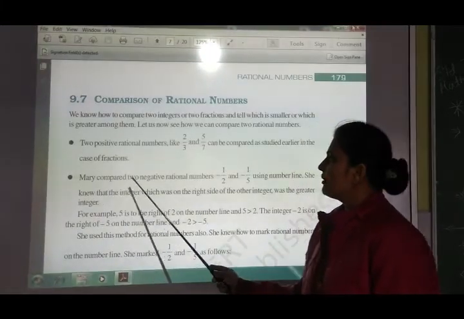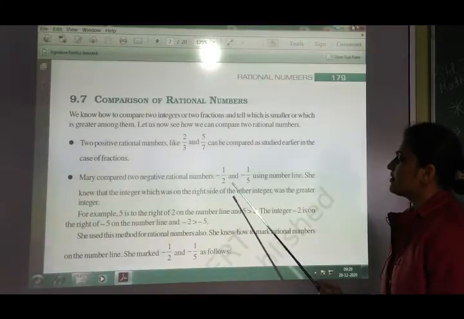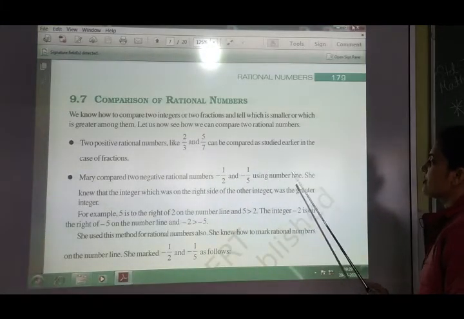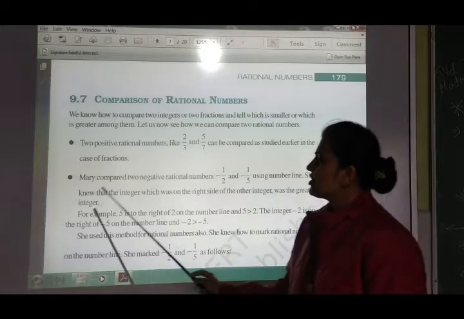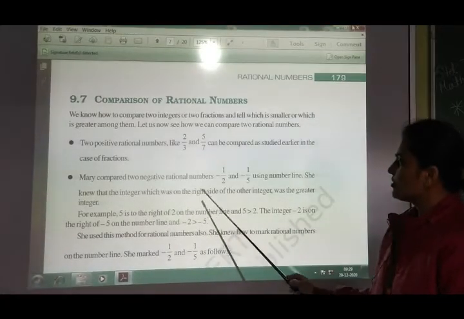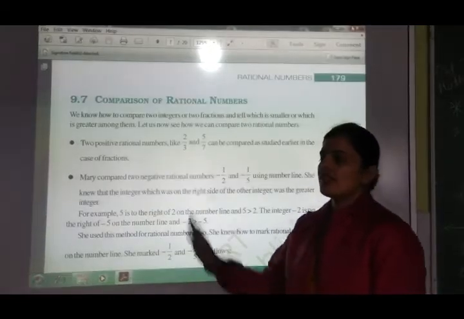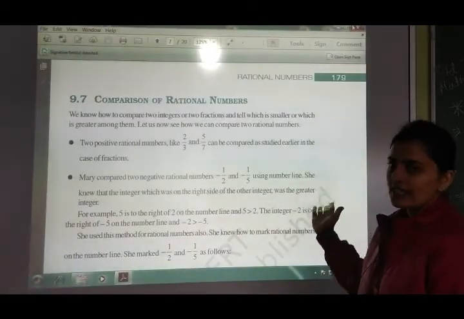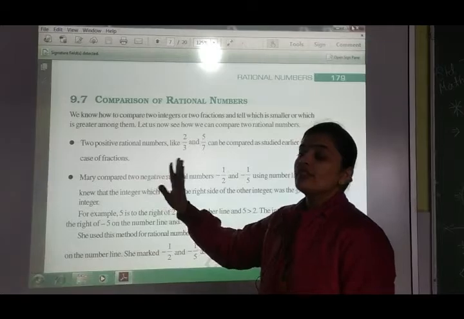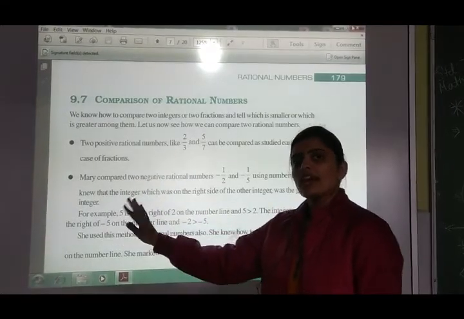Next, Mary compared two negative rational numbers -1/2 and -1/5 using the number line. She knew that the integer which is on the right side of another integer is the greater integer. Whichever are on the right side are always greater, and whichever on the number line are on the left side are smaller.